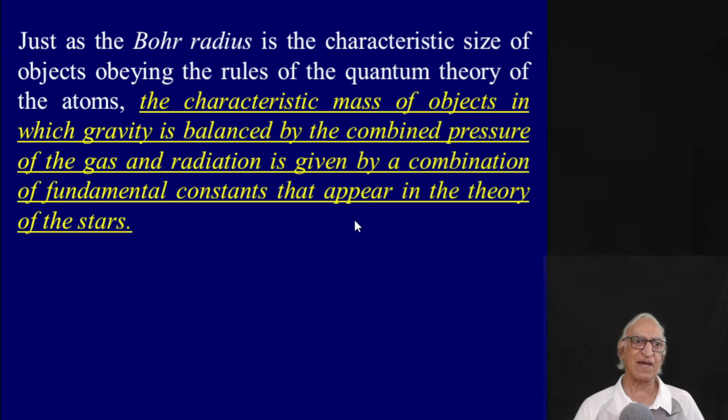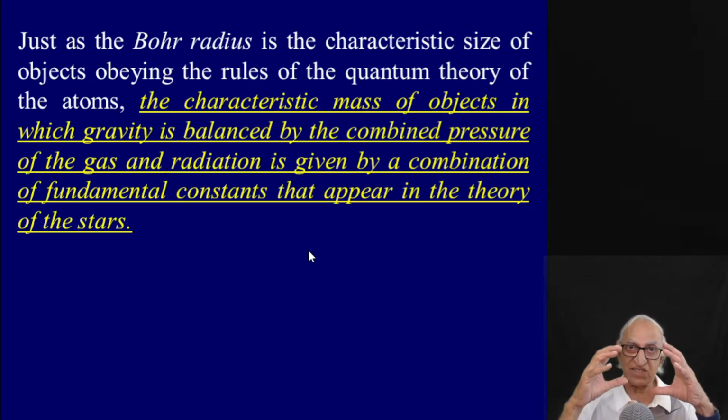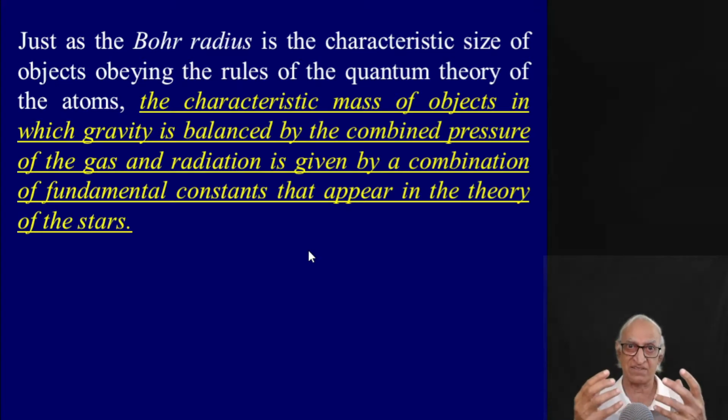In a similar manner, one can ask, why are the stars as they are? Why are the masses of the stars as they are? Now, what Chandrasekhar showed was that the theory of stellar structure has fundamental constants appearing in it. And a certain combination of fundamental constants is the dimension of a mass.